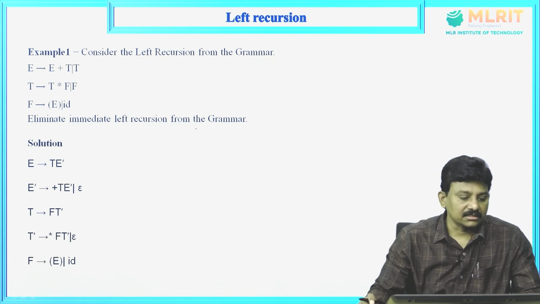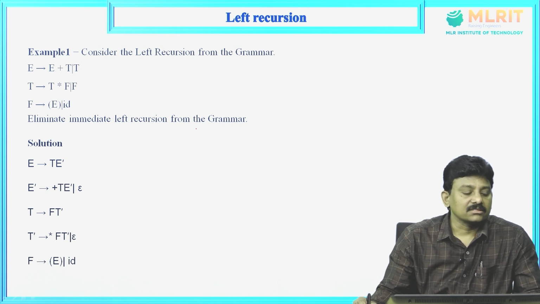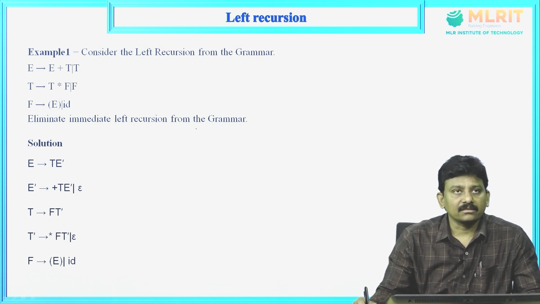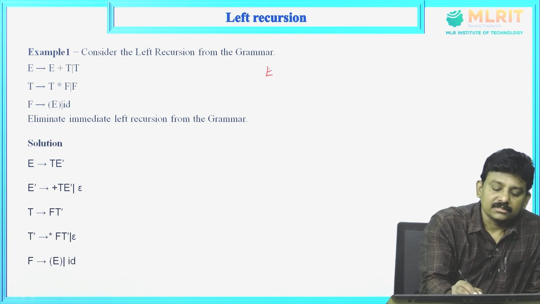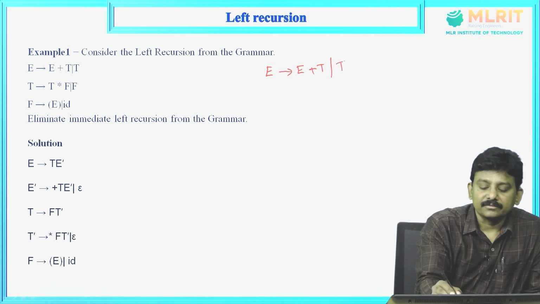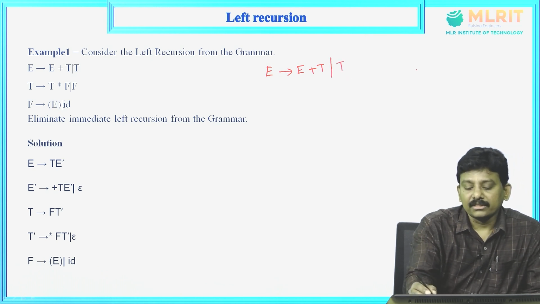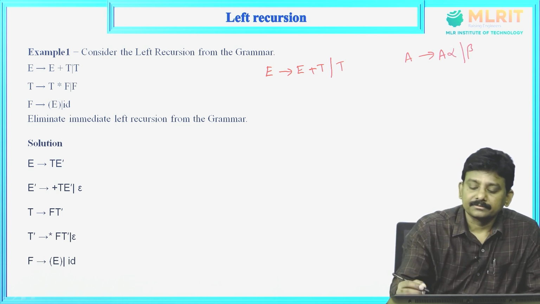Let us consider this example. E derives E plus T or T. T derives T star F or F. F derives parenthesized E or id. If you take the first rule, E derives E plus T or T, this rule is in the form A derives A alpha or beta.